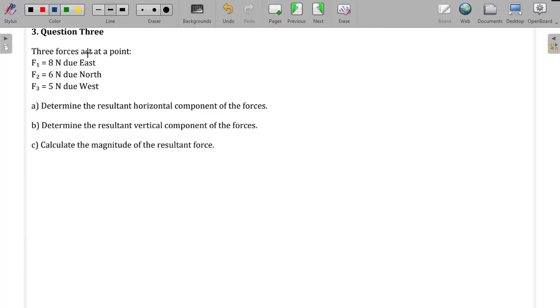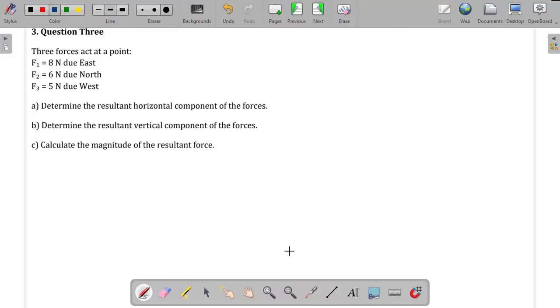So if all these three forces are acting at a point, what are we going to notice? You're going to notice this is the same as I have my x-y plane. Let me draw a very simple x-y plane.